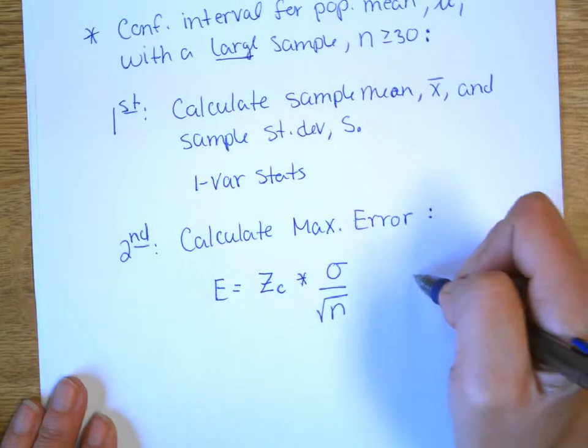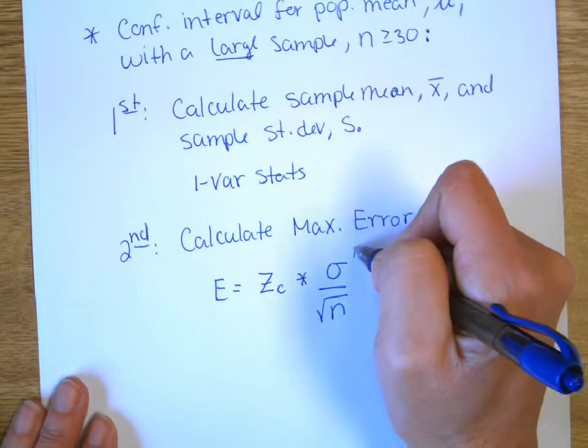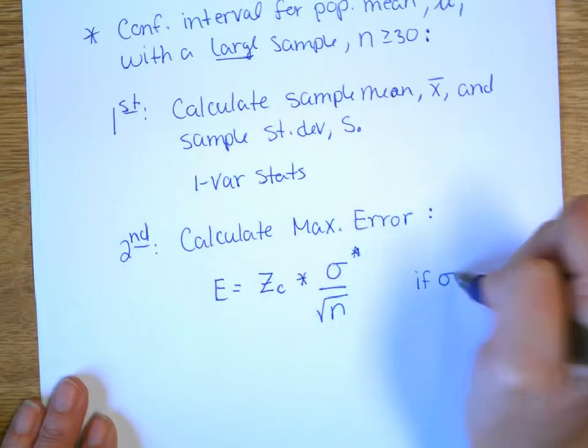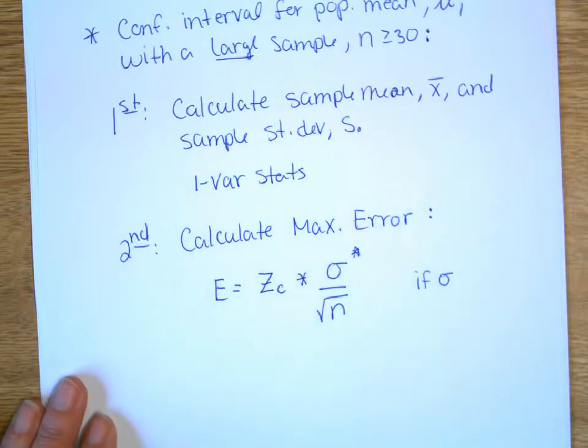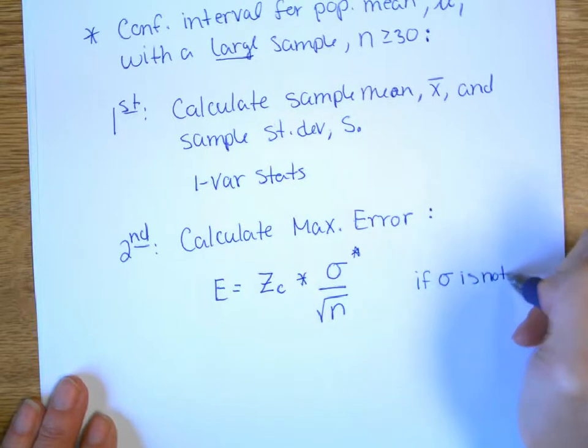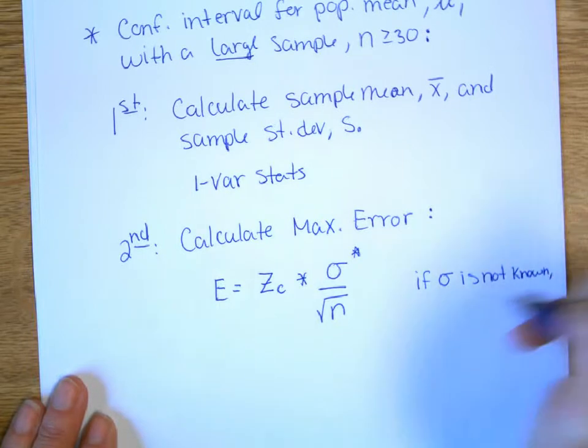Now, little asterisk here, little star. If the population standard deviation is not given to you, is not known, S can be used in its place.